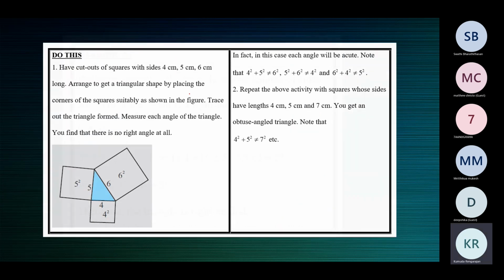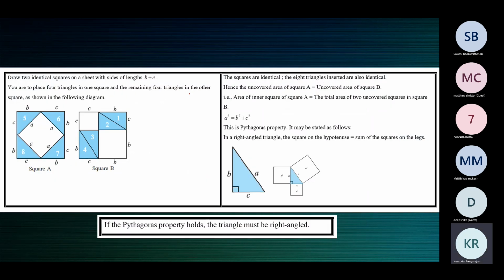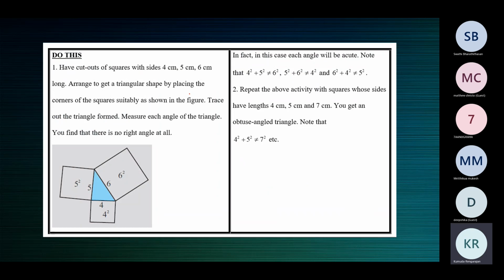Take a screenshot. You can learn about this mathematician. Take a screenshot of this one also. Yes, ma'am. You can read and understand that.